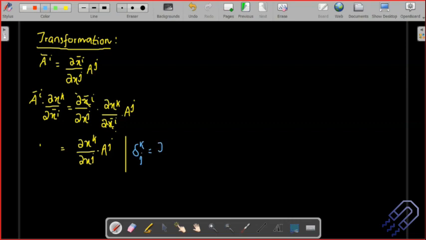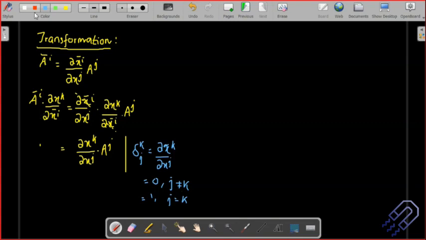If you're taking k on top, I will write it down as del x to the power k divided by del xj. This will be equal to 0 if j is not equal to k, and equal to 1 if j is equal to k. Okay, so let's try using this.